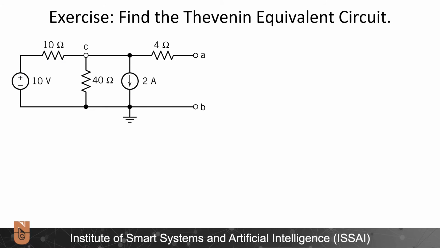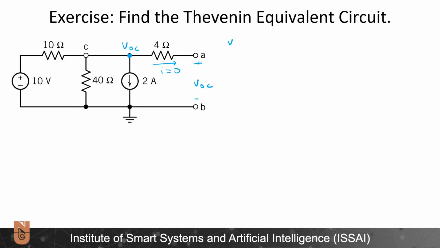Alright, let's start with finding the V open circuit, plus minus V open circuit. Since no current will flow through this 4 ohms, I can say that V open circuit is equal to the potential here as well. And let us write the Kirchhoff's current law for this circuit.